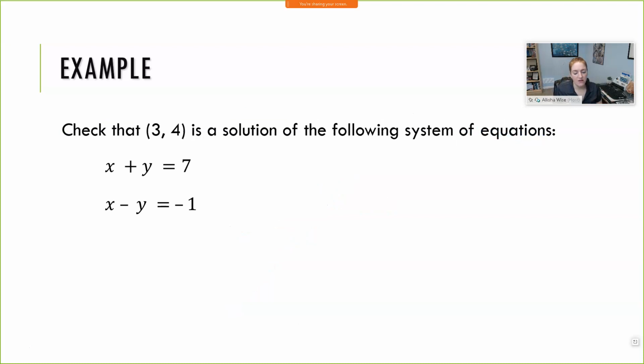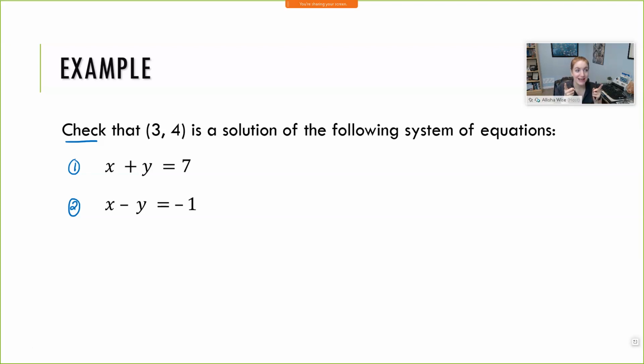So let's start off by looking at a couple of linear equations. I'm going to call this equation 1 and this one equation 2, just to help reference so we know what we're talking about. And they ask us to check that this point is a solution. So when they ask us to check things, what should we do?